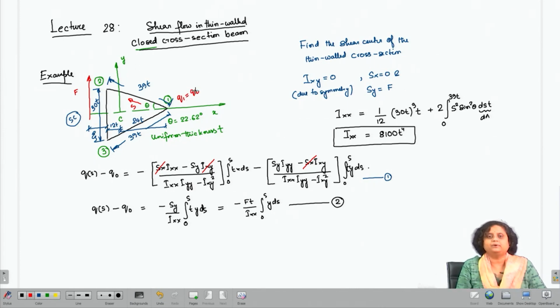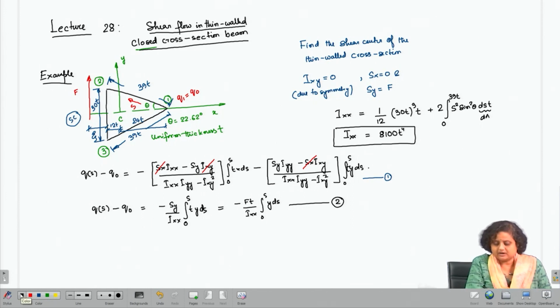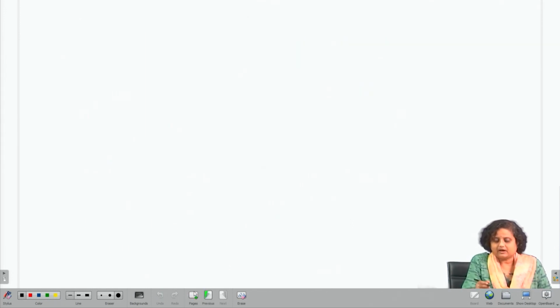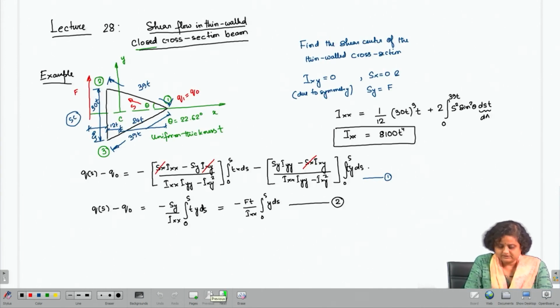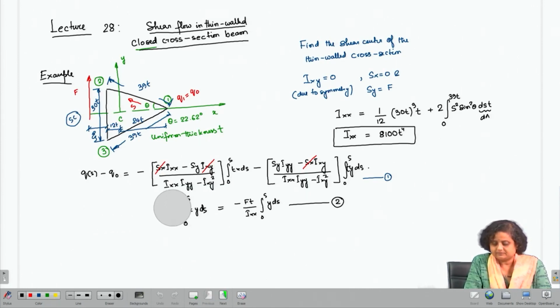So, we are assuming that the shear flow at point 1 is Q0. Maybe we will move on to the previous page and erase this off, so that we have the figure.